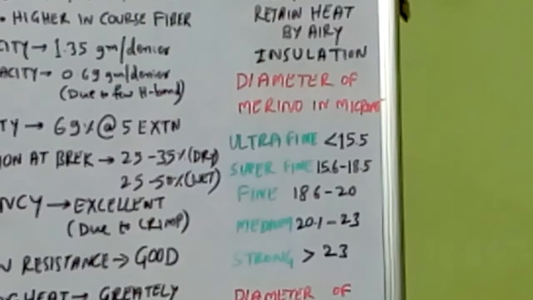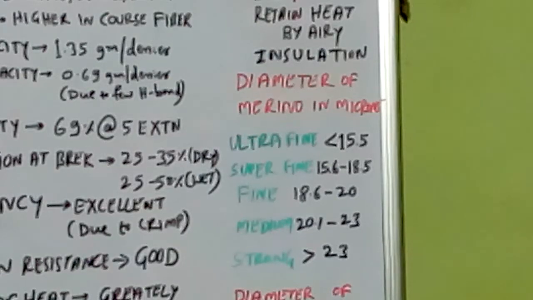Microns means the diameter of the woolen fibers. Whatever market there is for wool fibers is based on the microns and on the staple length of the fibers.